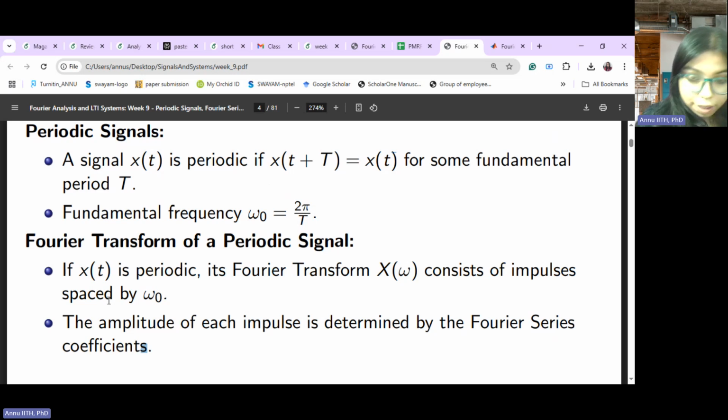For your revision or better conceptual understanding, we'll go through the code. But as of now, we have seen what the Fourier transform is. The specific case, if the input signal is periodic, is that the Fourier transform consists of impulses separated by omega naught, where omega naught here is 2 pi by T.